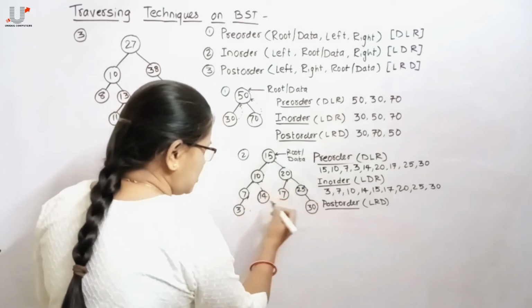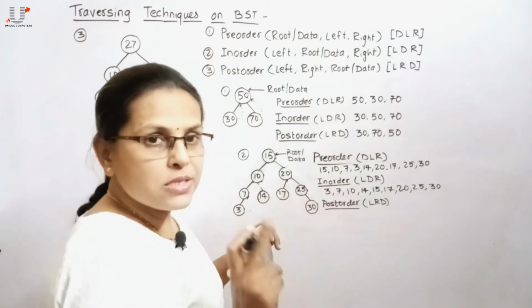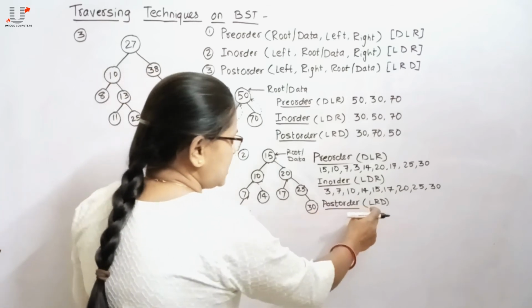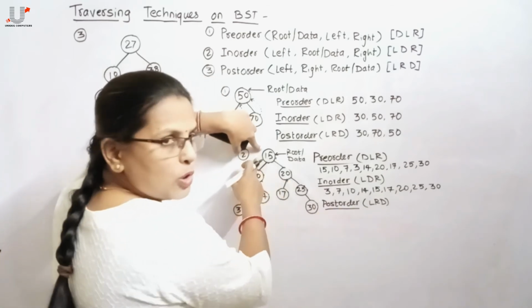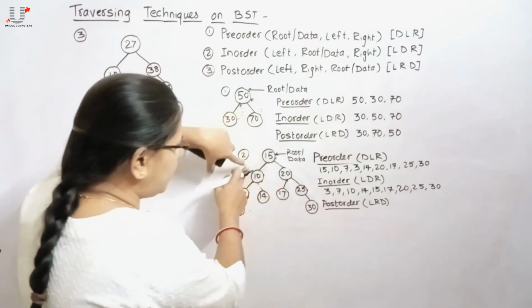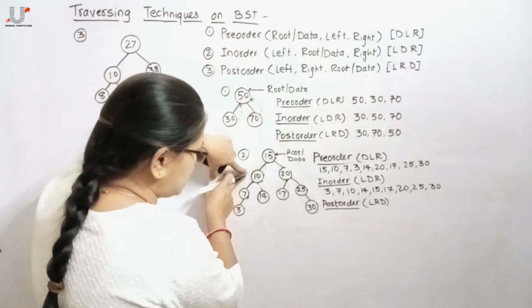First it processes all of the left subtree and then the right subtree, and then at last it processes the parent node. Here processing begins from the root. Apply LRD. As an unprocessed left child is there, control will transfer to this 10.